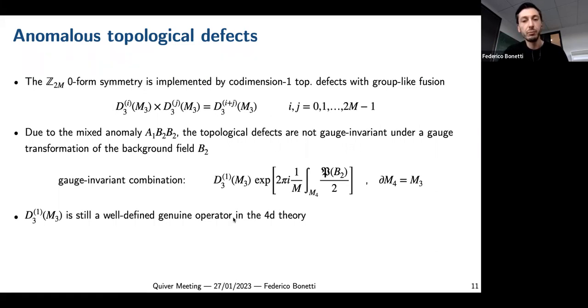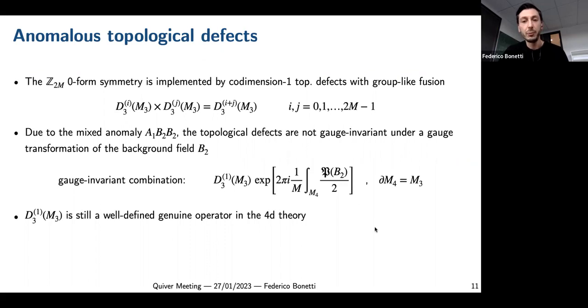And it is still a genuine operator that lives in our 4D theory, because this dressing is just by a C number, if you wish. So in other words, we have a vanilla non-invertible symmetry, and there is, if you wish, a Toft anomaly on the defect that implements it, but it's perfectly okay.